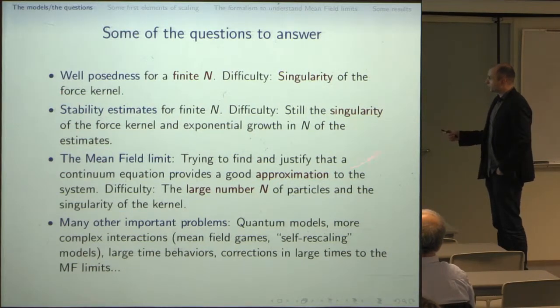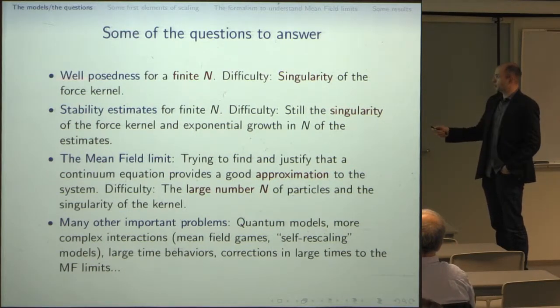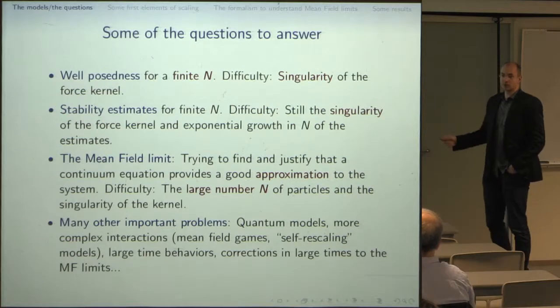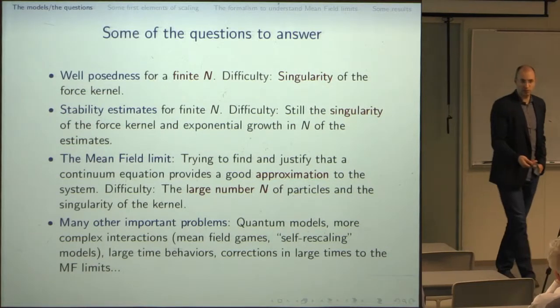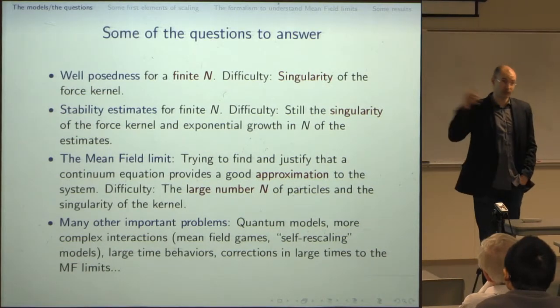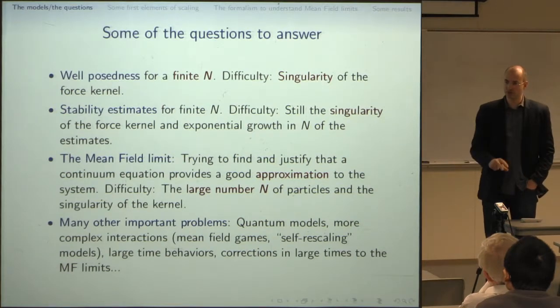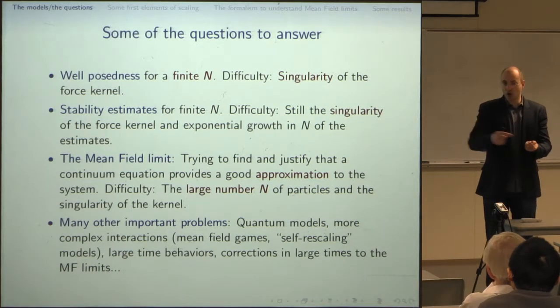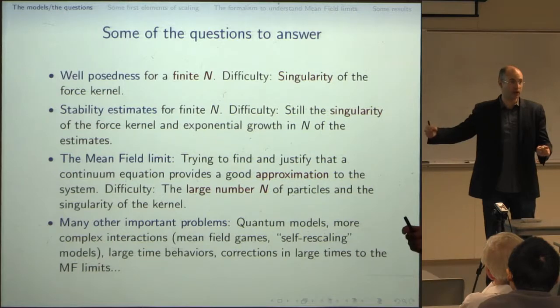A somewhat related question, so that's a mathematical version, is how do I get stability estimates for this kind of problem? Stability estimates, you can think of many ways of formulating this question. But essentially what this means is, let me take two solutions which start from close enough initial data, and then I want to see how close they remain over a long time.